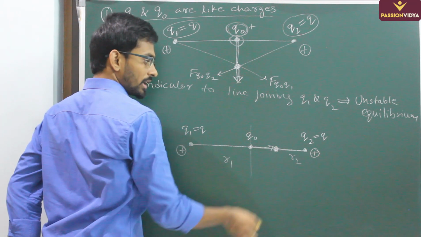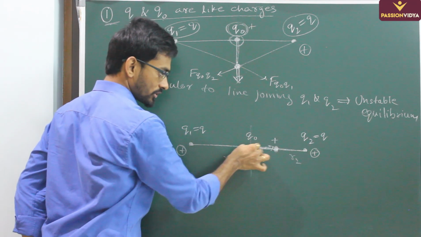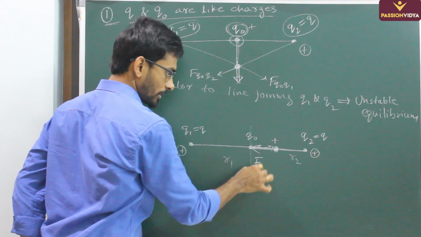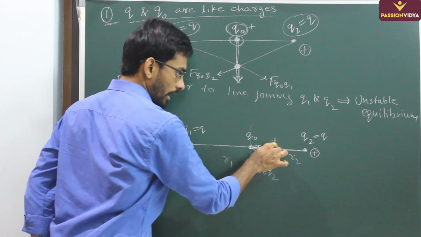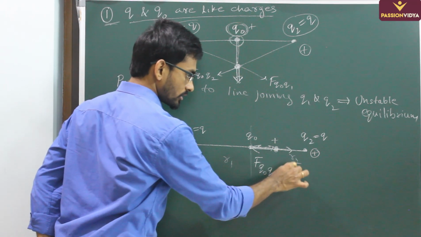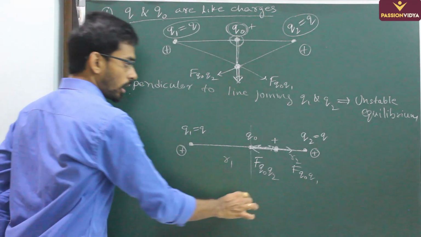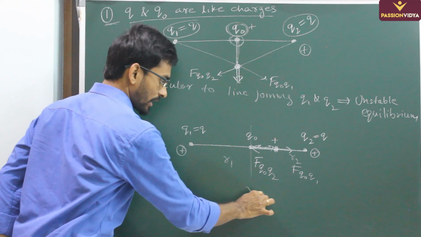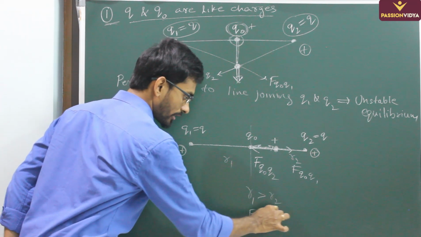Now if you consider the forces, this is positive charge, so there will be a repulsive force in this direction. This force will be force on q naught due to q2, and these two are also like charges, so there will be a repulsive force in this direction. So this will be force on q naught due to q1. Now we know r1 is greater than r2. It means F2 will be greater than F1.